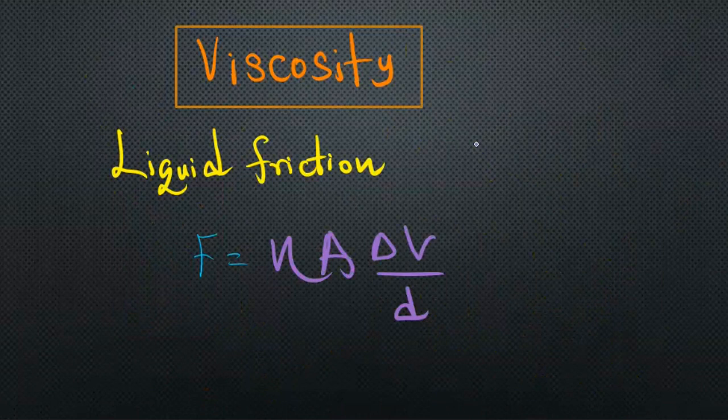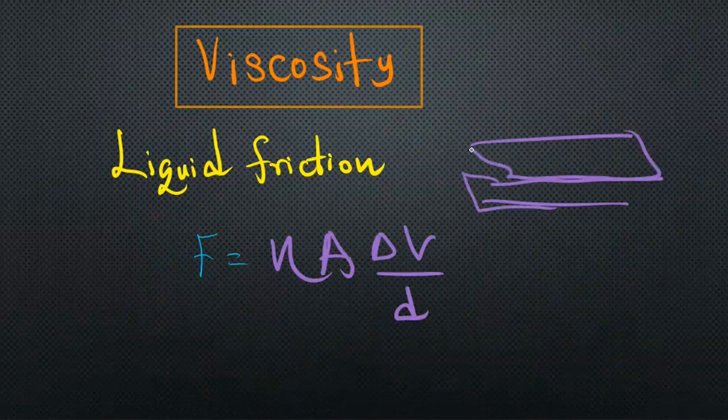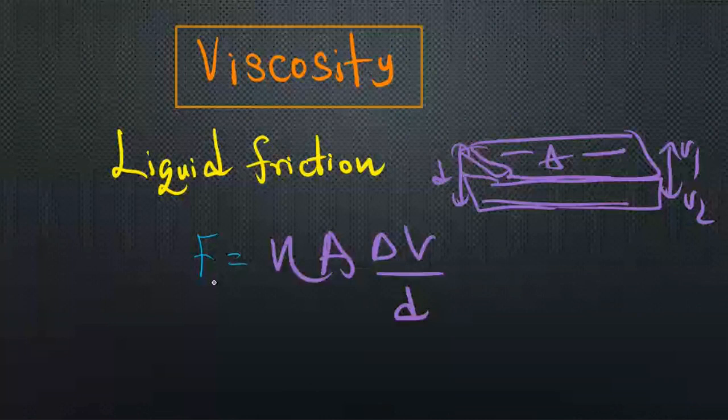Say now two liquid surfaces are moving along, the area is the surface area of it, and delta V is the velocity difference between these two. Let's say this is V1 and V2, so velocity difference, and D is the separation between the surfaces. So the first equation: liquid friction F equals eta A delta V over D.